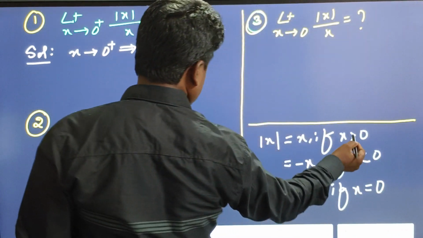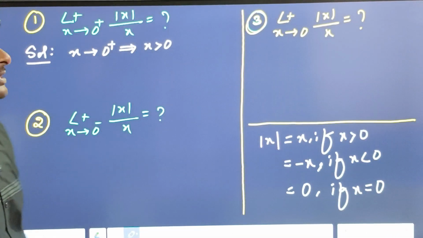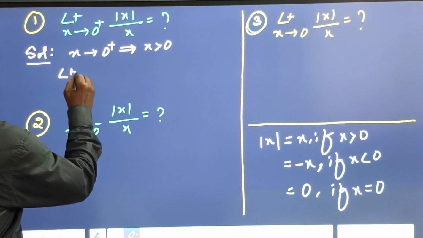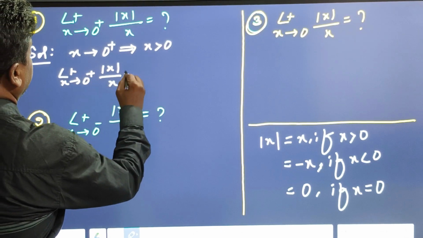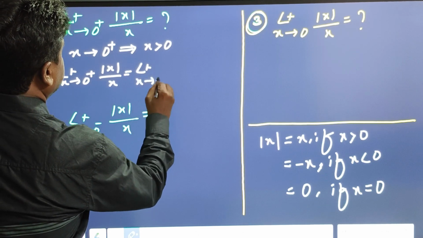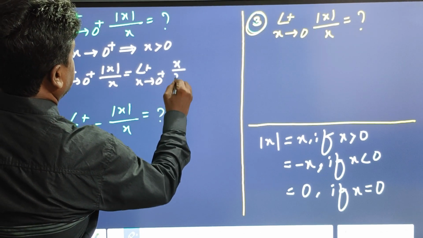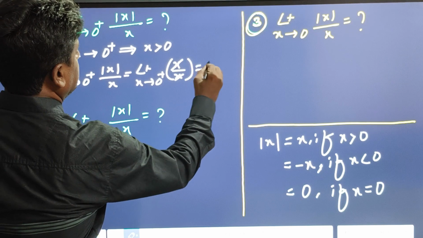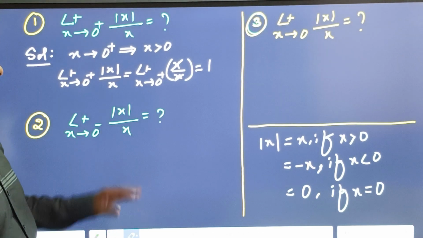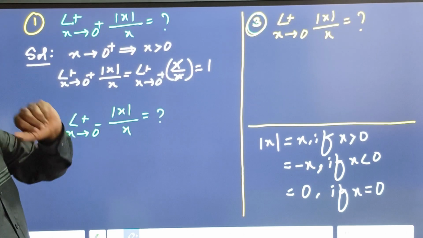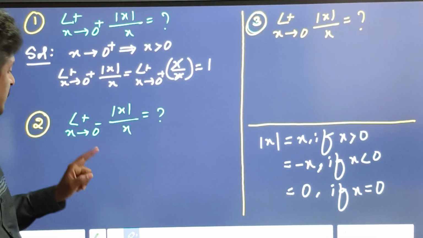Whenever x is greater than 0, mod x will come out as x. That's why limit x tends to 0 plus mod x by x will be limit x tends to 0 plus x by x. After the cancellation, the value is 1. So the right hand limit is 1.